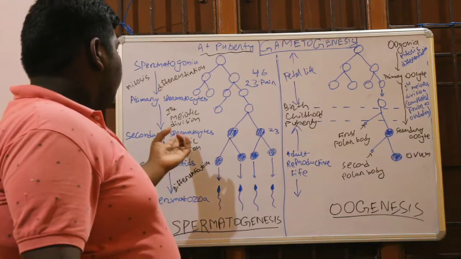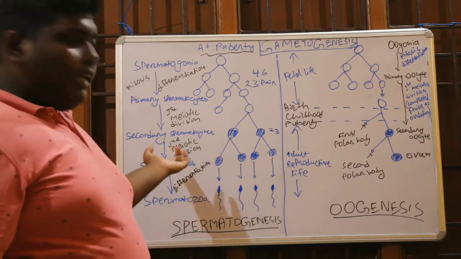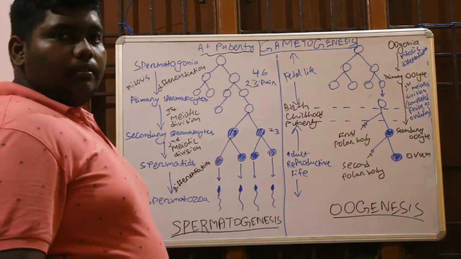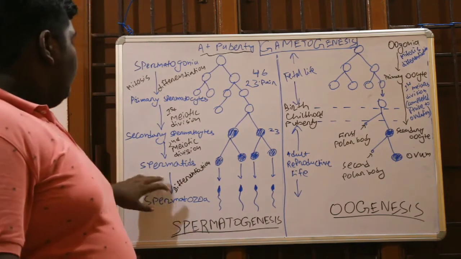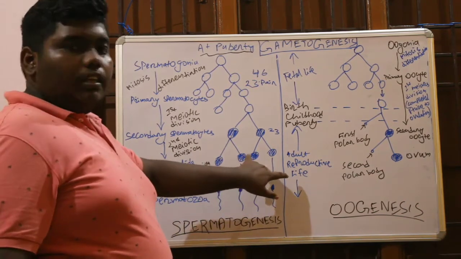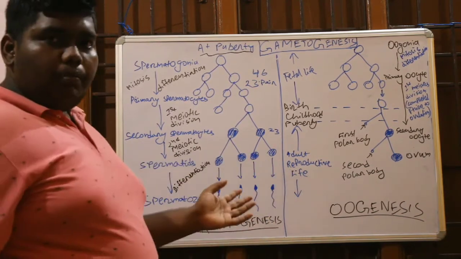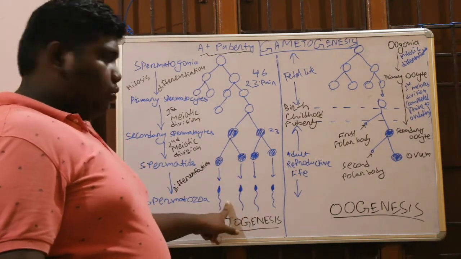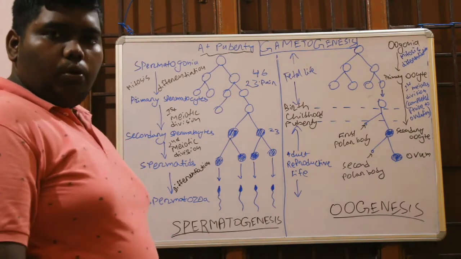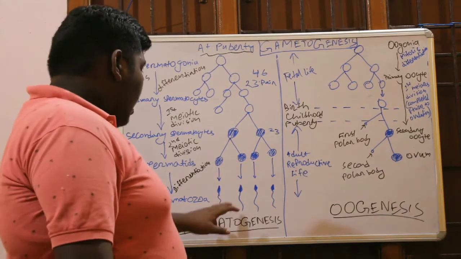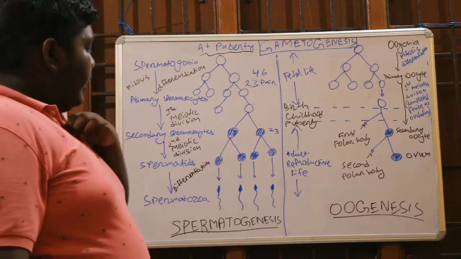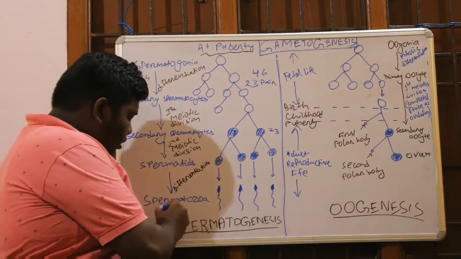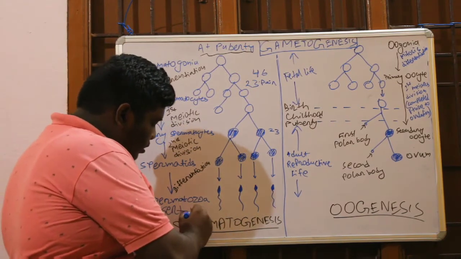Now these secondary spermatocytes undergo the second meiotic division to form the spermatids. These spermatids again differentiate and form the spermatozoa, or what we commonly know as sperm. After the formation of sperm, they get embedded in the Sertoli cells.